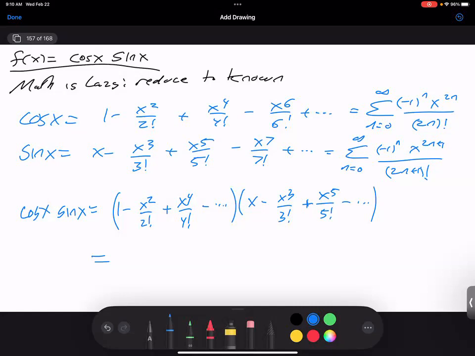Is there any way I'm going to get a constant term when I multiply these two things out?